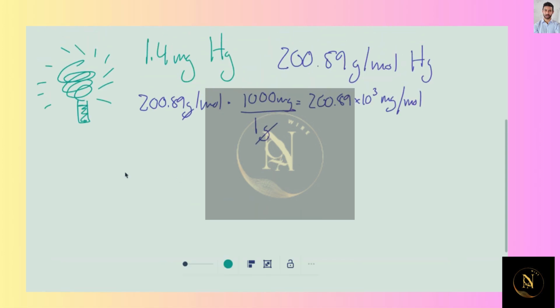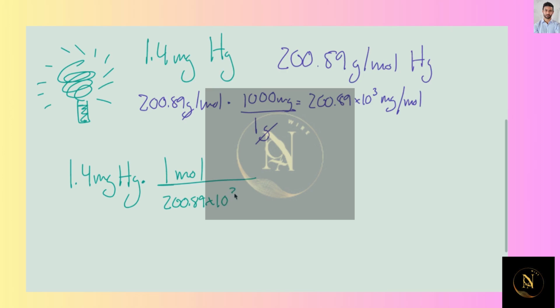And we're still looking for the number of mercury atoms that we have. Now we know how many milligrams are in a mole, and we know we have 1.4 milligrams of mercury. So what do we need to multiply to convert milligrams into moles? Well, if we divide by the molecular weight, that's like saying 1 mole per 200.89 times 10 to the 3 milligrams, right?